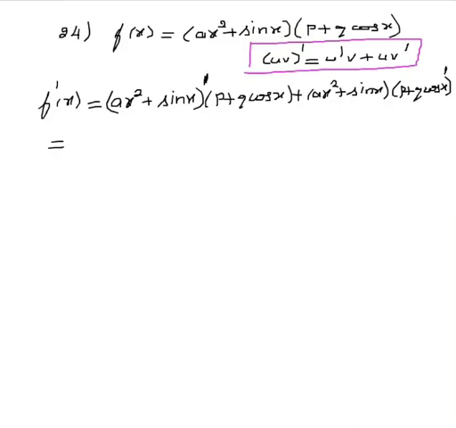The derivative of the first term: a into the derivative of x square is 2x, and the derivative of sin x with respect to x is cos x, times p plus q cos x.